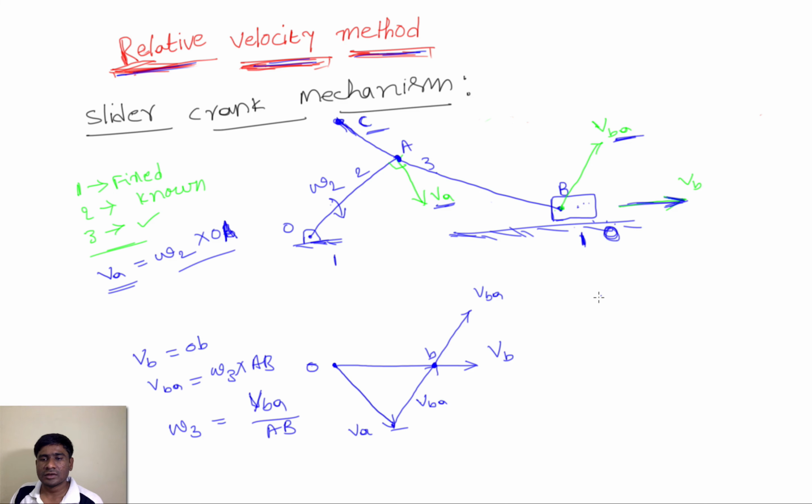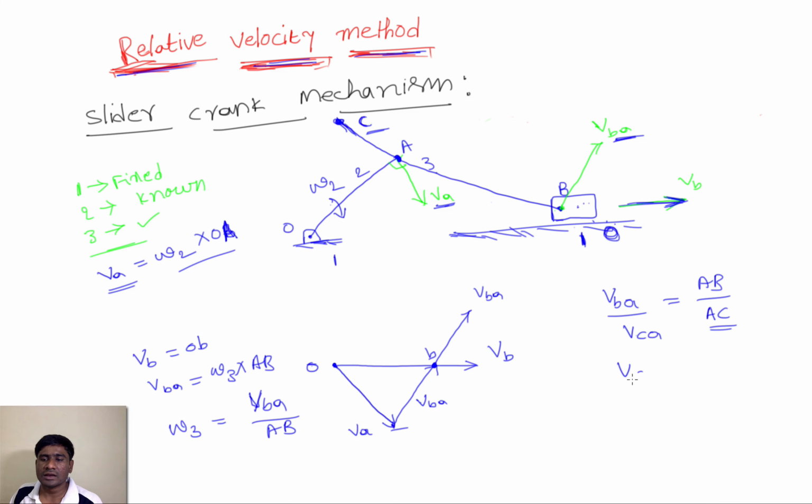We have already seen the velocity of B with respect to A, so velocity of C with respect to A equals the distances AB by AC.